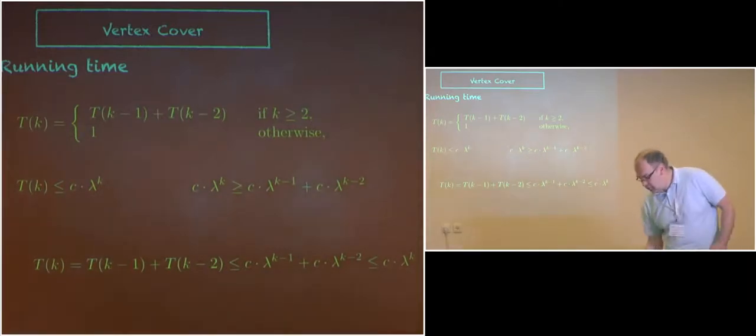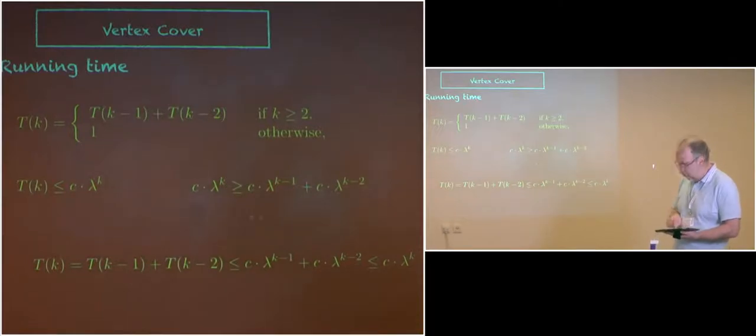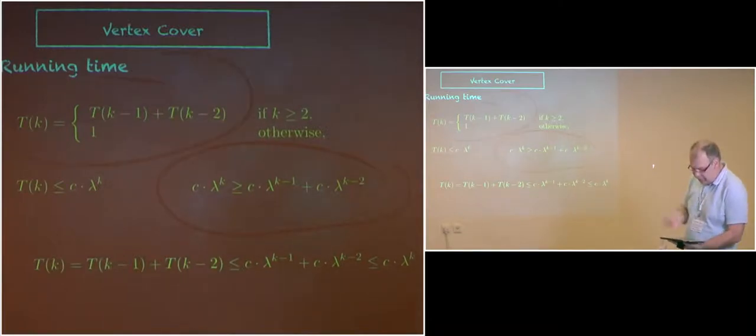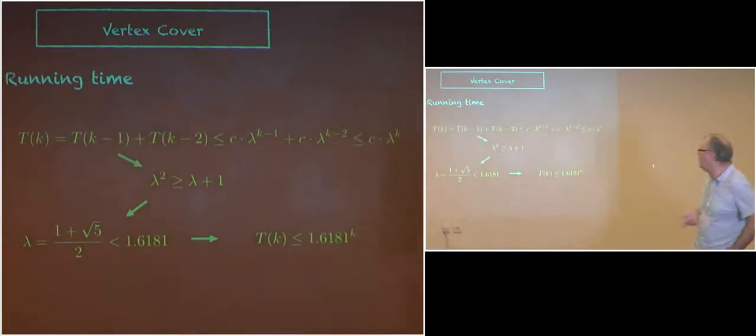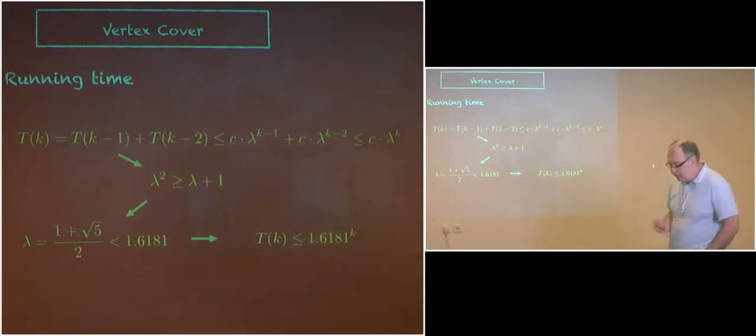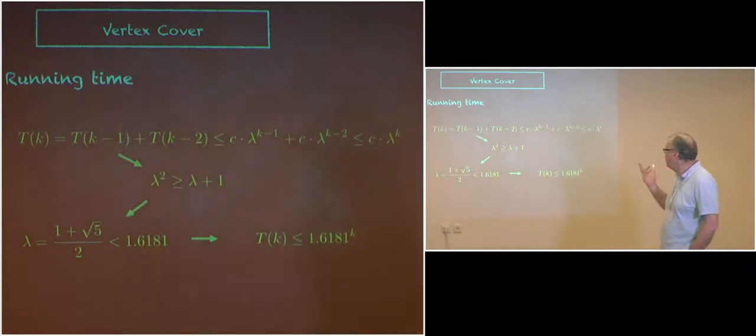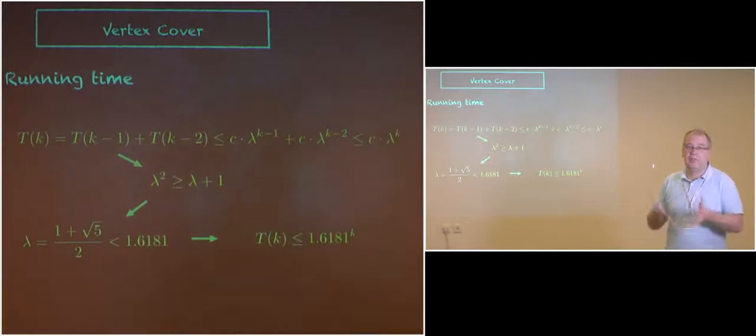If I do this, this recursive system transforms into an inequality. For vertex cover, this corresponds to the following situation: I'm looking for a function of order alpha to the k minus alpha to the k minus 1 plus alpha to the k minus 2, and my condition is that all this should be at most alpha to the k.